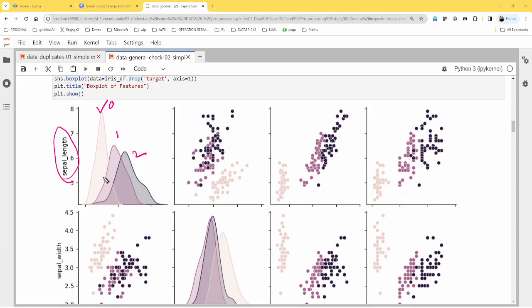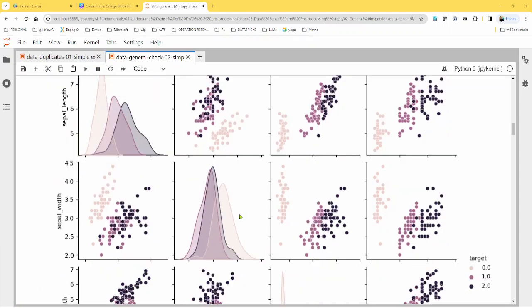We want some kind of separation in the distribution of data for that particular column. For example, this one can be a problem because the values for both the classes are the same, which is not really good for machine learning.